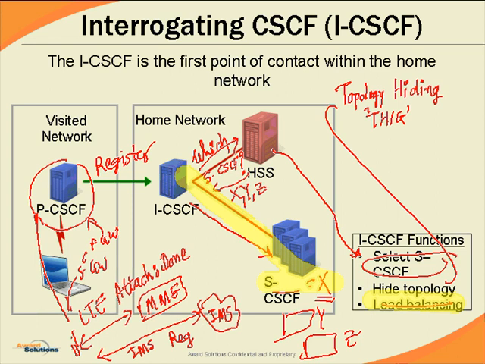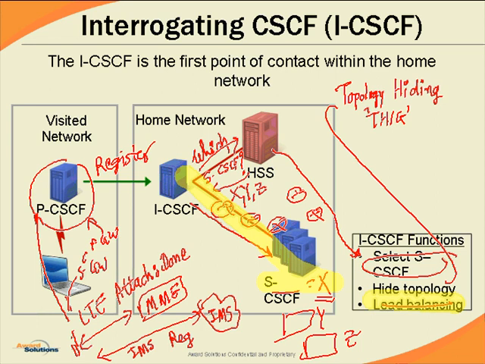That is called topology hiding: not revealing the internal architecture of the network, because there may be several nodes, let's say some routers here, here. So the interrogating CSCF can activate that and encrypt the headers so that the topology is not disclosed to others. Those are examples of the functions that the interrogating CSCF carries out.